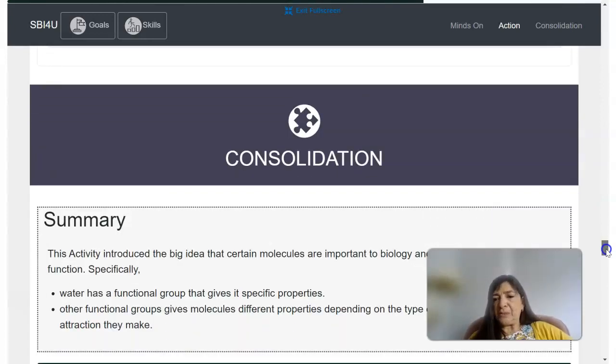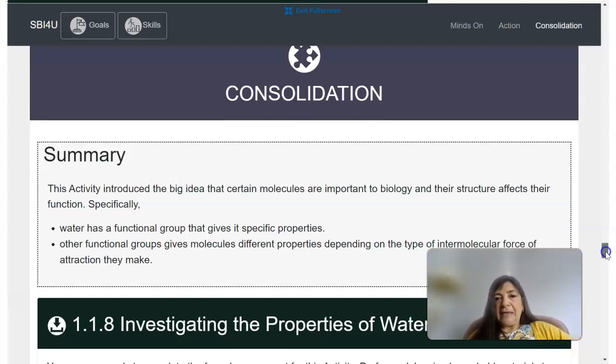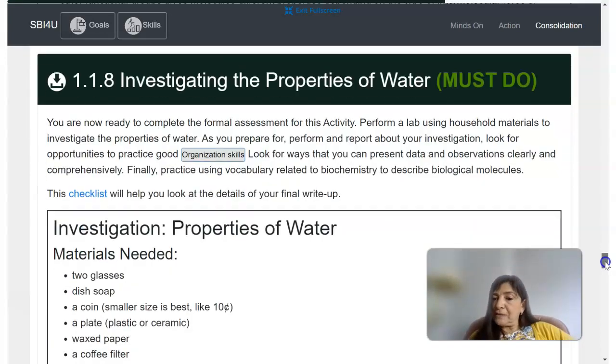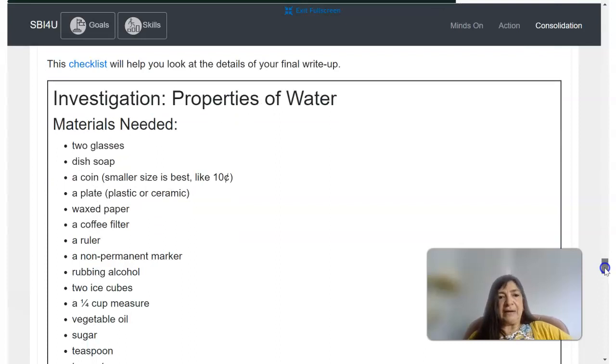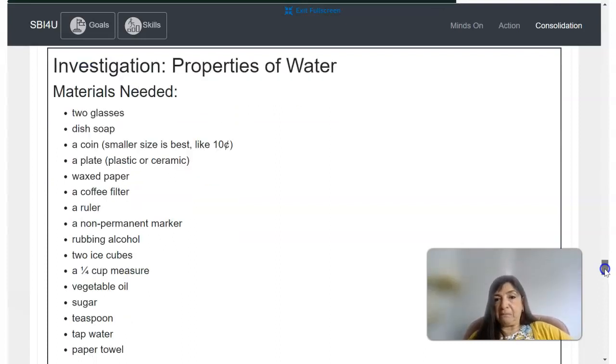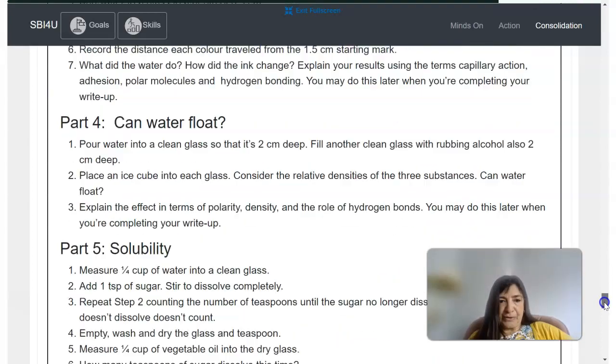At the end, the last part is the consolidation. It's actually what you have to retain in order to keep learning on for the next lessons. It will include some reflections and some activities. This lesson in specific has a lab activity, which is an activity that you are asked to do in order to remind you of the lab skills that are important in this course.